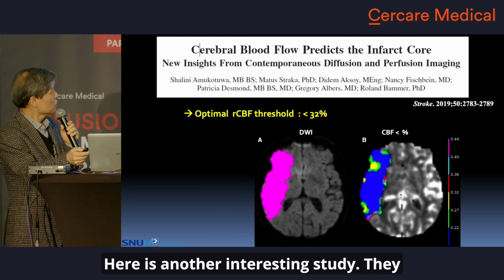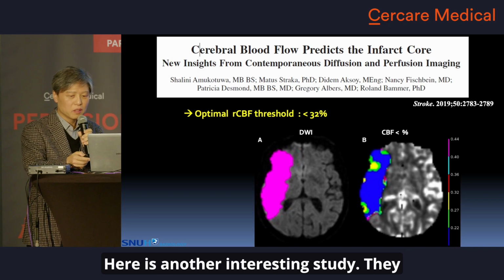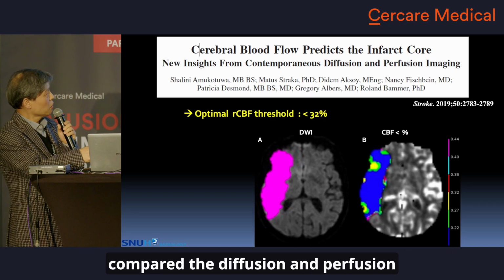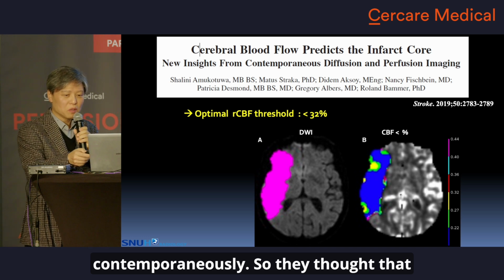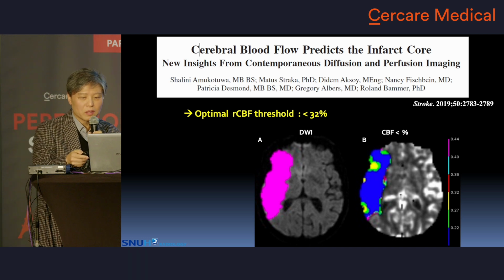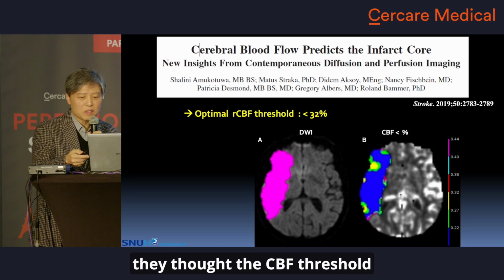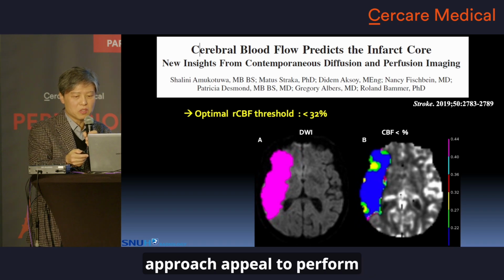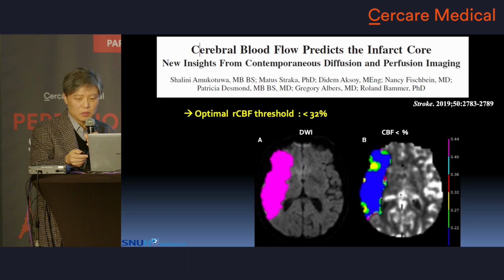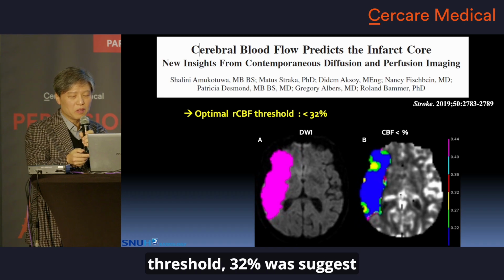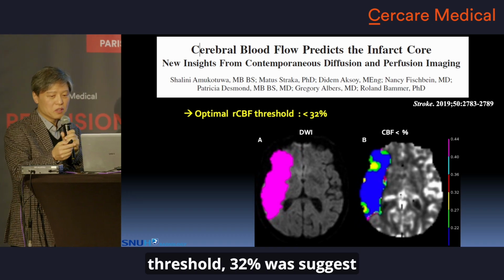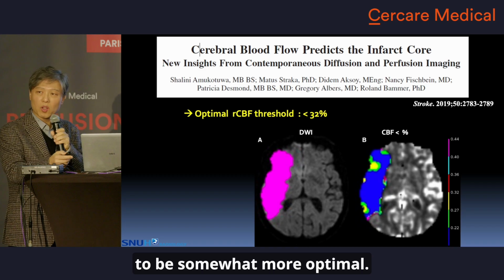Here is another interesting study. They compared diffusion and perfusion contemporaneously. They thought that the CVF threshold approach appeared to perform well for infarct prediction, and a threshold of 32% was suggested to be somewhat more optimal.